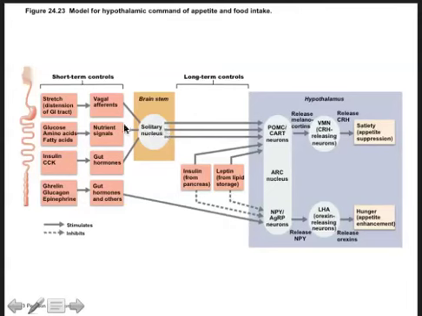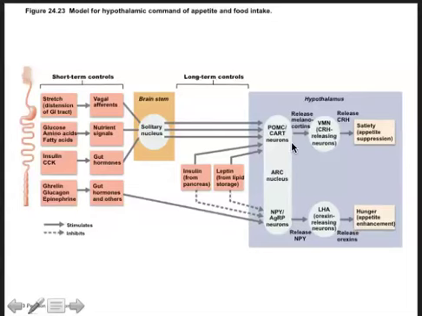Here, these three components act on the solitary nucleus in the brainstem, which has a direct effect via long-term controls on this class of neurons in the hypothalamus. Over here, pancreatic insulin and leptin from fat act on this class of neurons in the hypothalamus and this class of neurons, okay, the neuropeptide Y secreting neurons.